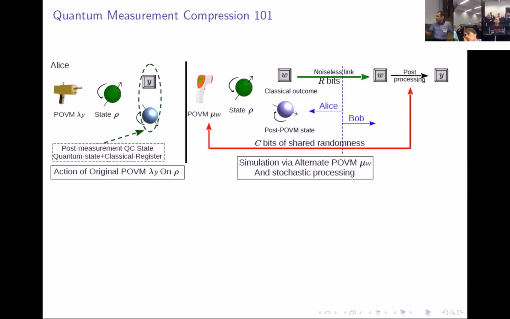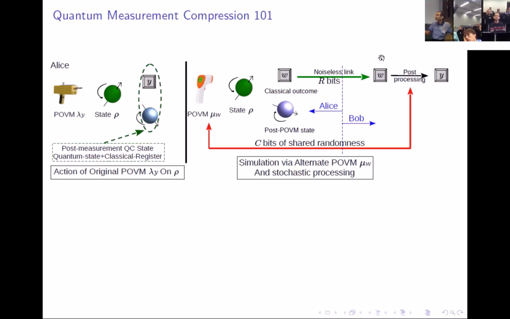Let me explain this once again. If I make the original POVM, I get the post-measurement classical quantum state. The alternate approach to simulate this post-measurement quantum state is you give C bits of randomness between the decoder and the encoder, and you come up with an alternate POVM mu W. That W has a classical outcome of say R bits of information.